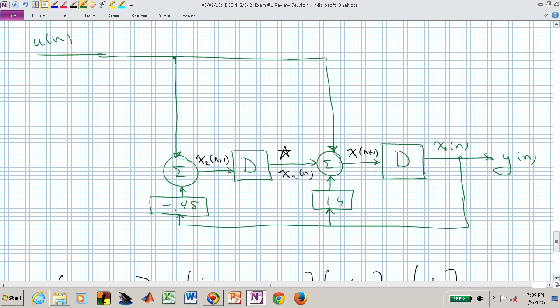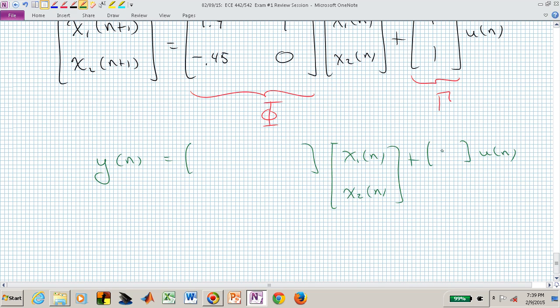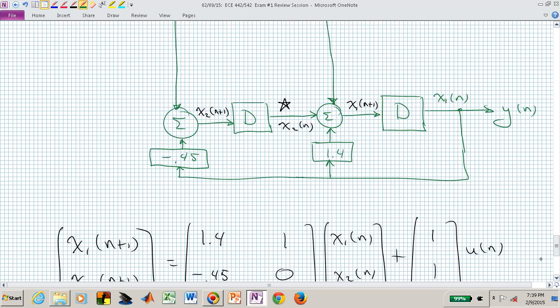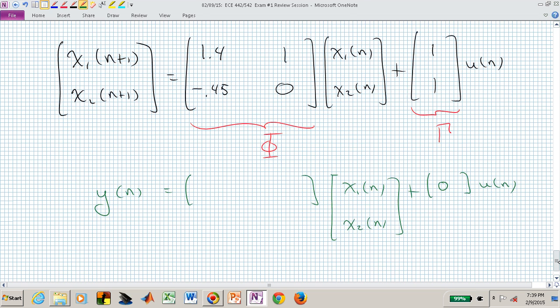Is u of n directly creating y of n? There's a summing junction, and it's not very explicitly shown there to create y of n. There is no direct connection between the input and the output. This is a 0. X sub 2 is not coming in directly. X sub 1 is with a 1 and a 0. This output matrix is the H. This is the J.